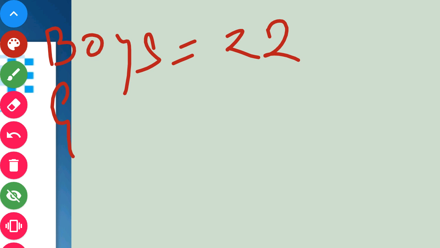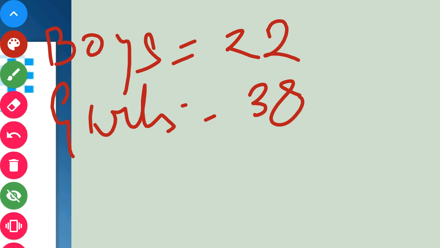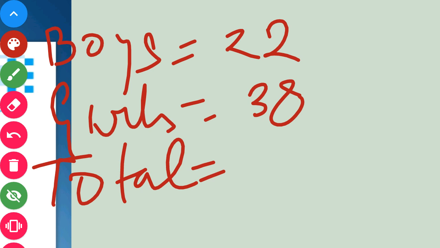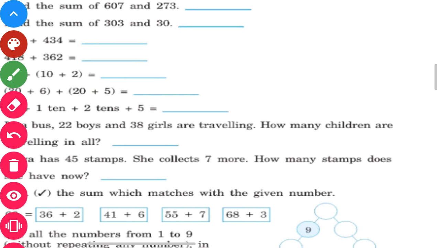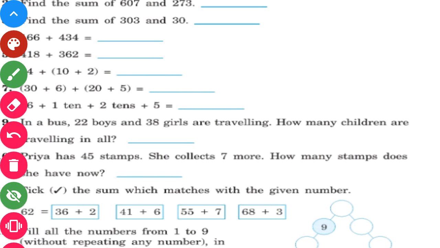And number of girls is 38. Total children, 22 plus 38. What we will get? Adding 22 and 38. 8 plus 2, 10. Carry 1. 3 plus 2, 5, 1, 6. 60. So total number of children traveling were 60.